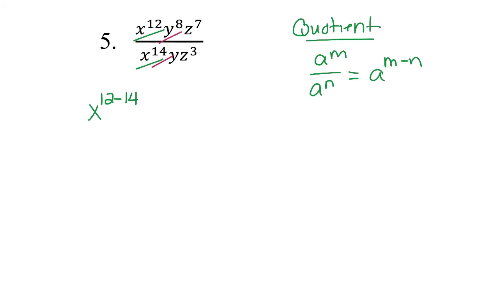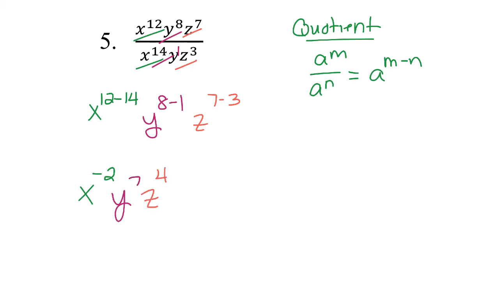I see y in the numerator and denominator, so it's going to be y to the 8 minus 1. And then I have z's in numerator and denominator, so 7 minus 3. Okay, so 12 minus 14 on the x's make negative 2, y to the 8 minus 1 makes 7, and z to the 7 minus 3 makes 4.